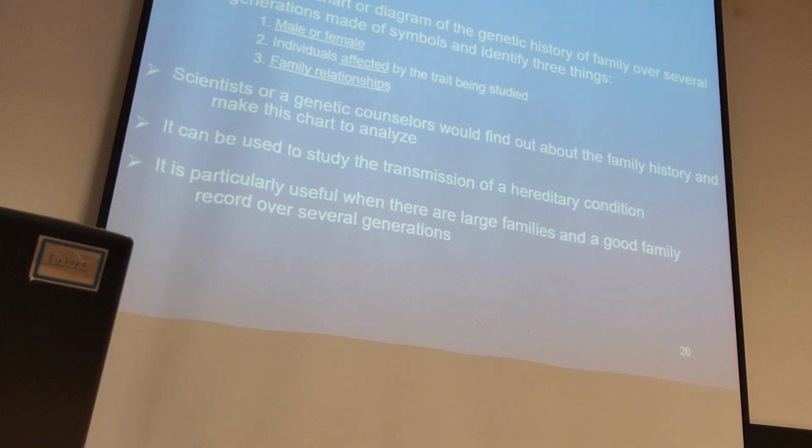And we use this pedigree or family history as a tool, as I said, for diagnosis. We can find out whether the disease is a genetic disorder, how the disease is transmitted, what the pattern of inheritance is, and then we can calculate the risk for each individual, whether this individual is healthy, a carrier, or affected.